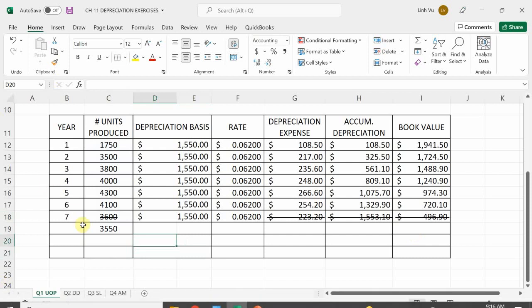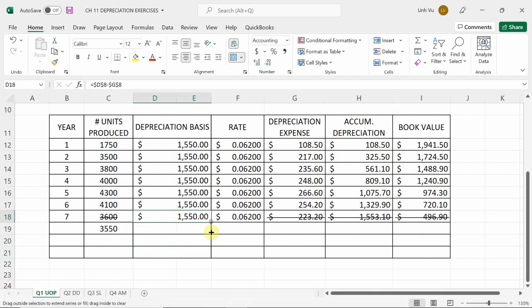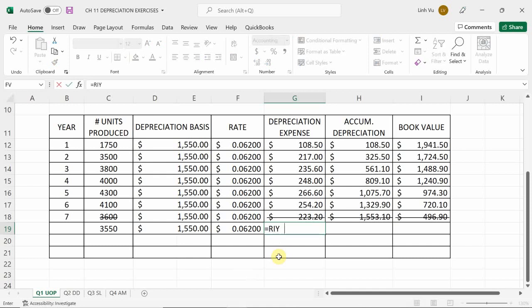So if you were supposed to make 3,550 units at 0.06200, then how much should your depreciation expense be? Okay. 3,550 by 0.06200.